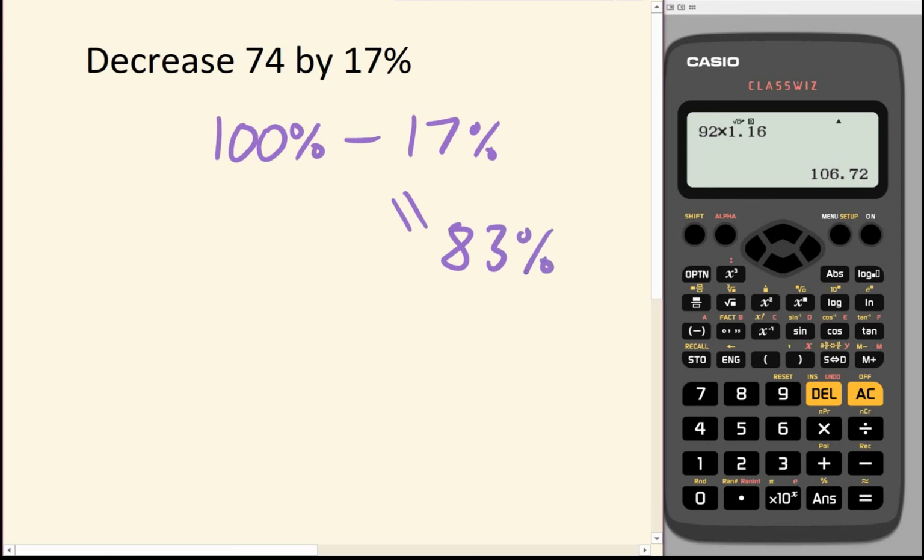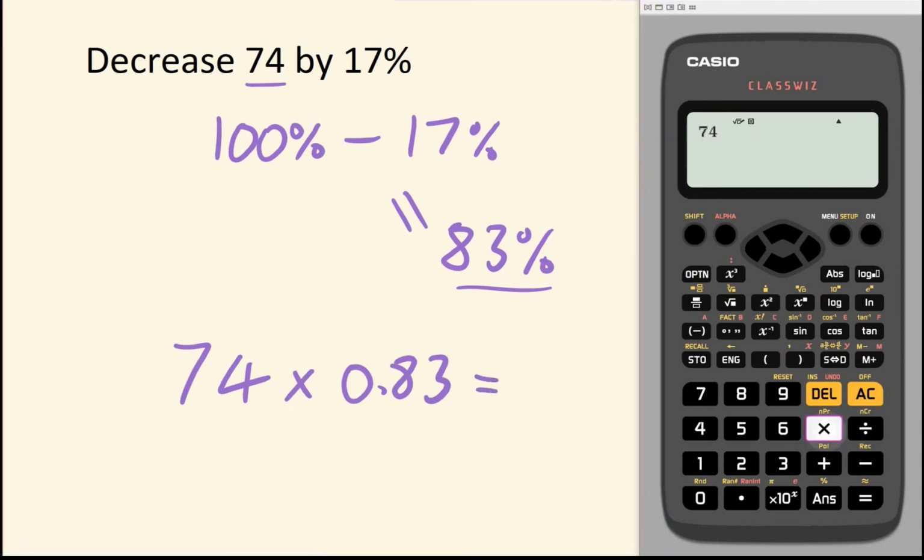So if I find 83% of 74, that will be the same as taking away 17%. All you need to work out is 74 times 0.83. And in this case, that gives me 61.14.